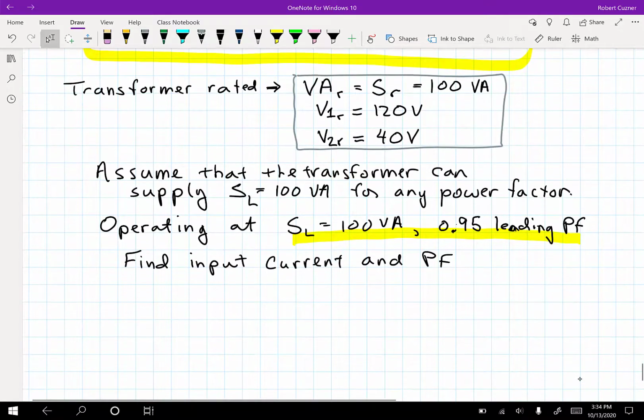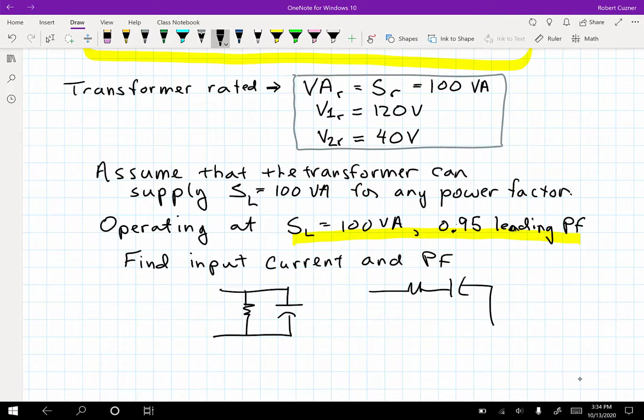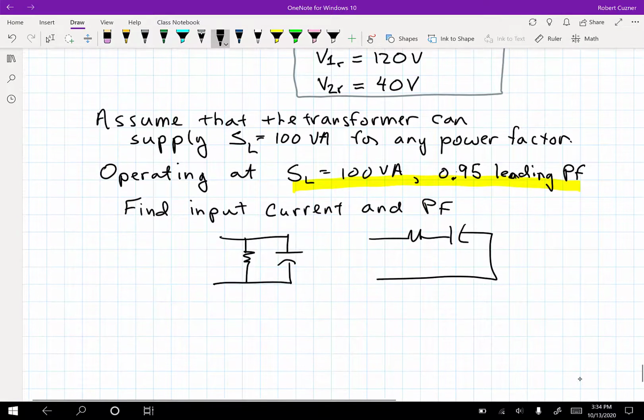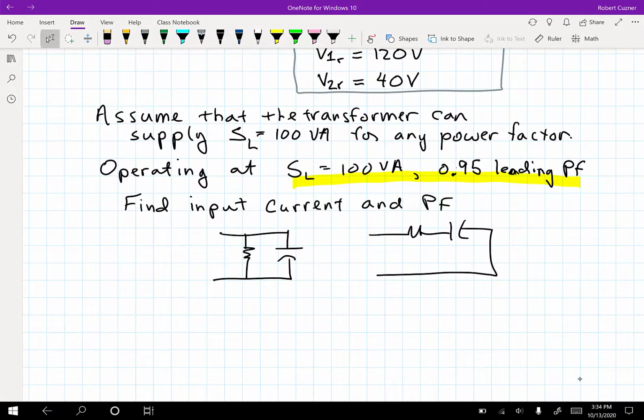So we don't even have to know what the load itself looks like. We know that it could either look like a parallel RC, or it could look like a series RC. But we don't care because we know what the apparent power is going into the load.